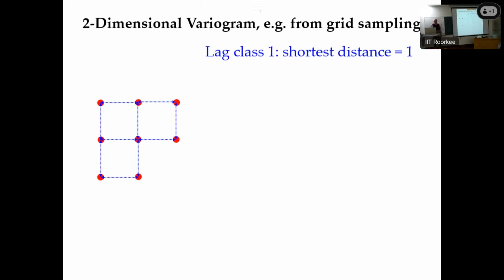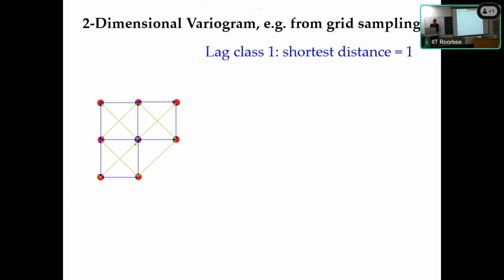So for the lag 1, lag class 1, the shortest distance, we call this interval 1. That's one lag. And we have the number of pairs in that class. We just need to count them. When we compare these 2 points, these two, and so on, it's 1, 2, 3, 4, 5, 6, 7, 8, 9, 10. So 10 pairs in that shortest lag class.